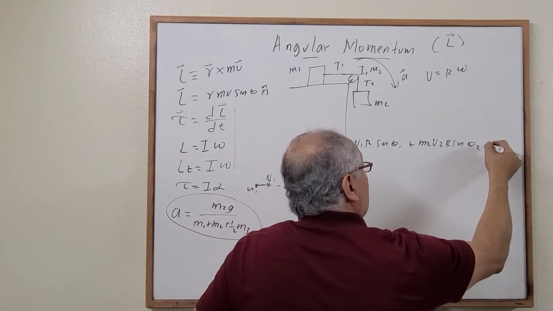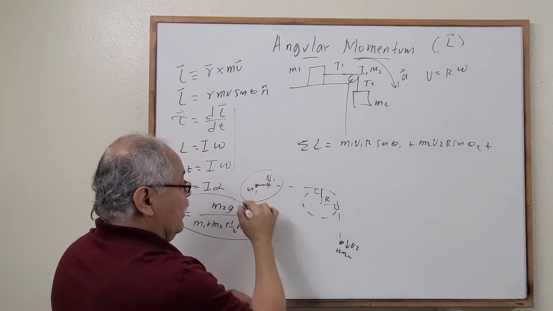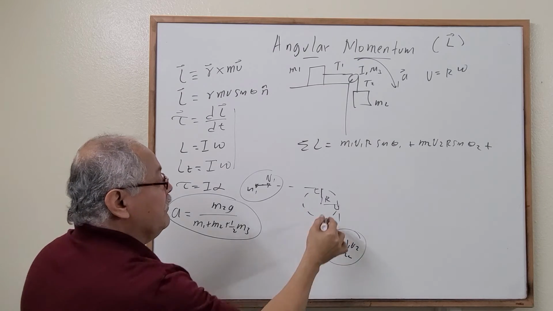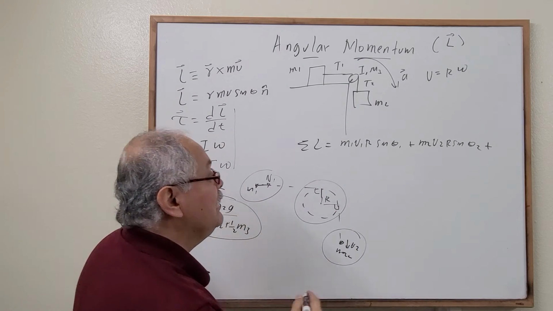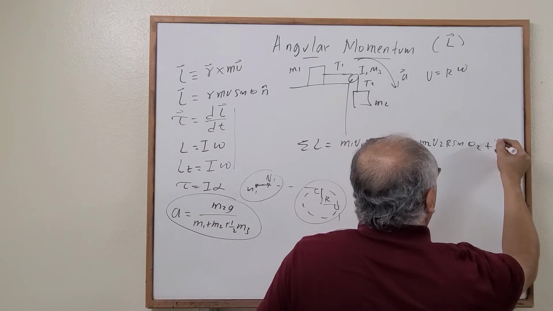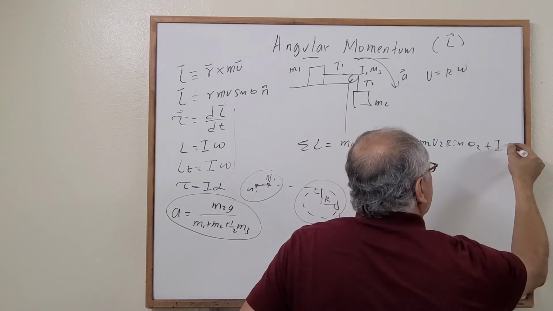Plus what? This is the angular momentum for these two objects. What about the momentum for the pulley? It's going to be moment of inertia times omega.